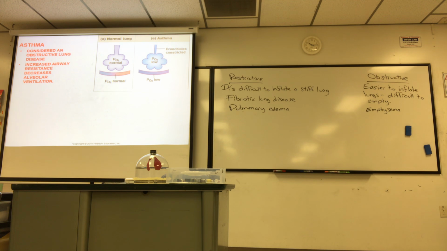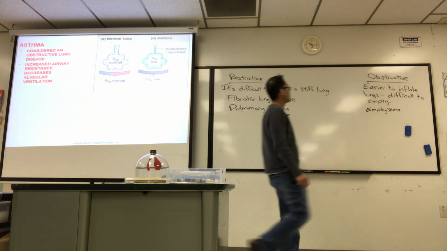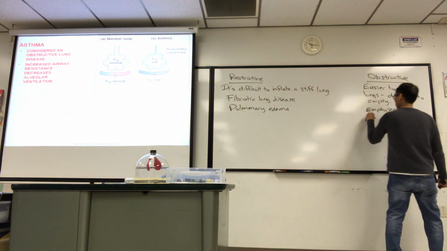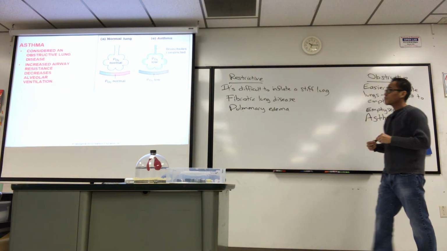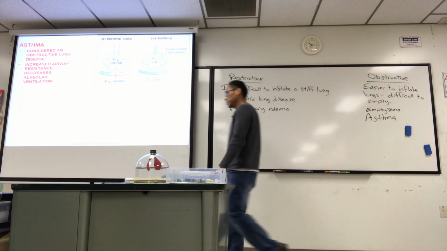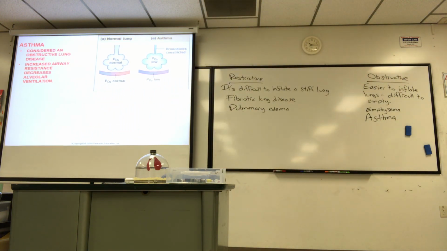This is the classic obstructive lung disease, asthma. Maybe due to allergens, breathing dirty air over time, bronchioles constrict, and it's difficult to ventilate the lungs with the increased resistance to airflow.